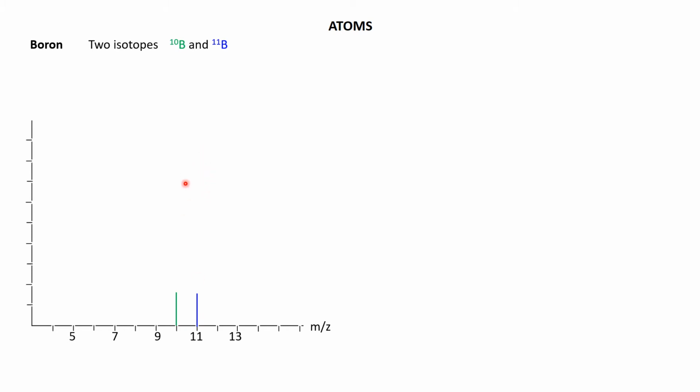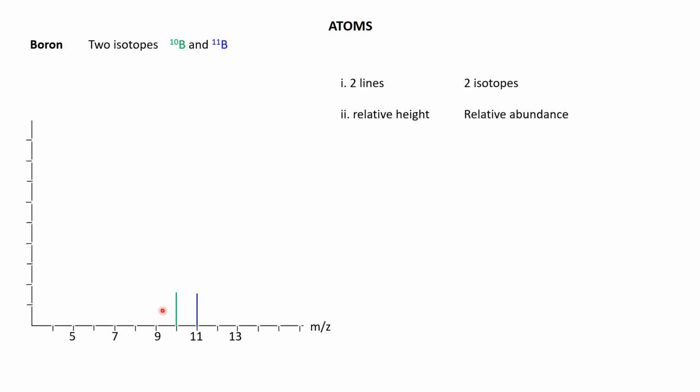Even more special, however, is the detector can't just detect what ions are there, but it will measure how many of each type of ion hits. So we don't just see two lines, we see two lines that have different heights depending upon their relative abundance. If you cast your way all the way back to where we first started talking about atoms and isotopes, different isotopes have different relative abundances.